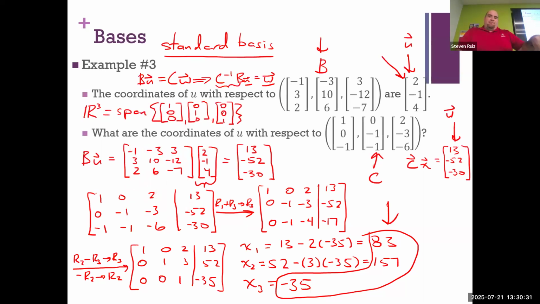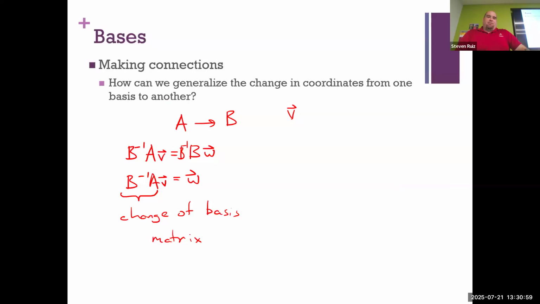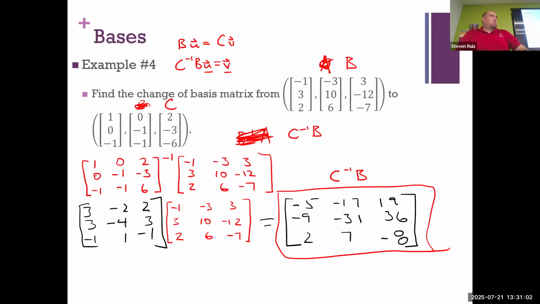The first thing we did is take vector U and translate it into a vector that looks like this. Actually, this is not W. This vector right here is standard, so this is what the coordinates would be if you had the standard basis. And then we used that as an intermediate step to get to this thing. But in example 4, this matrix never deals with the standard basis. It goes directly between the bases you care about without going to that comfortable standard basis middle step.